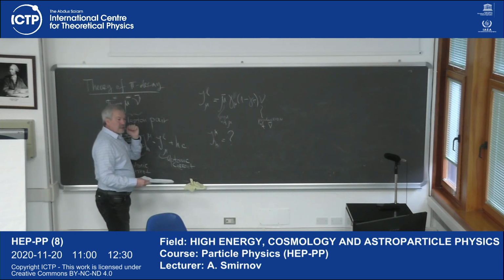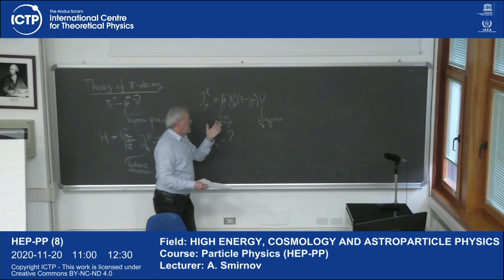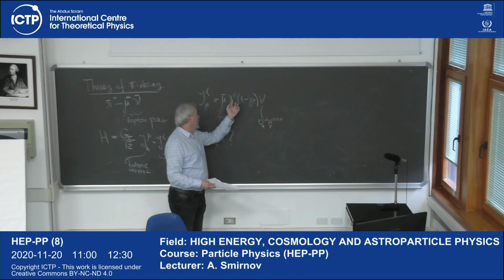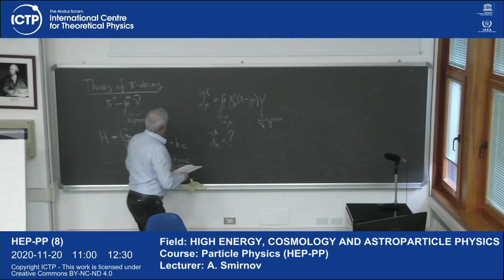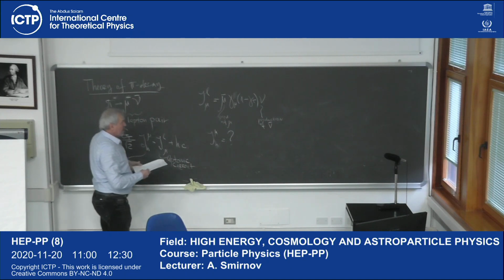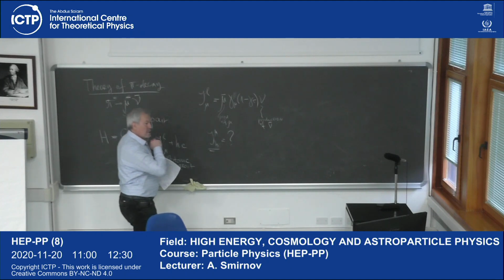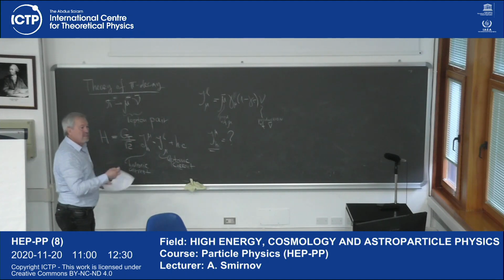But let us assume that here we deal with the same type of interactions, which are interactions of currents, and therefore we have gamma mu, and therefore the pion's behavior is also described by some current, because we want to have Lorentz invariance. Therefore, we need to have something with index mu.